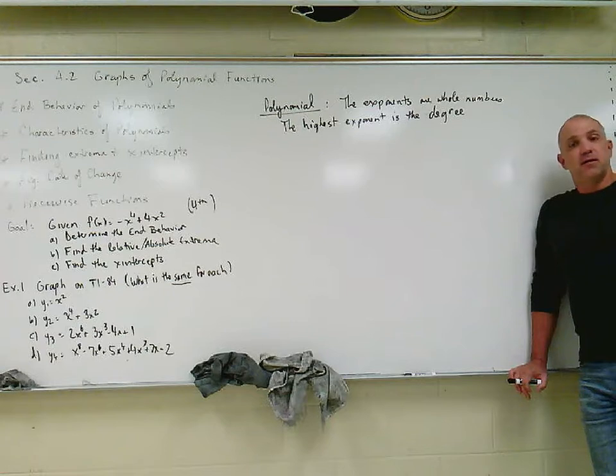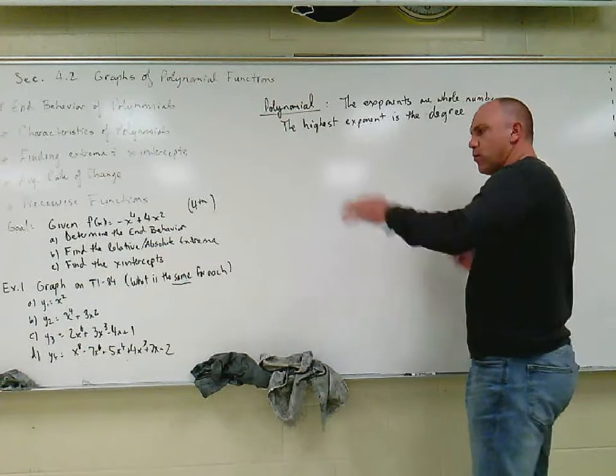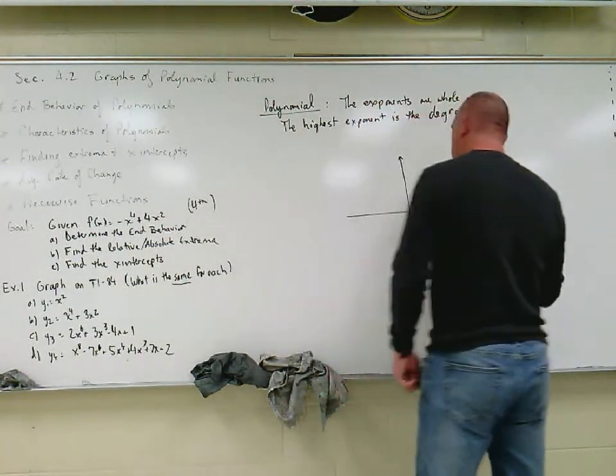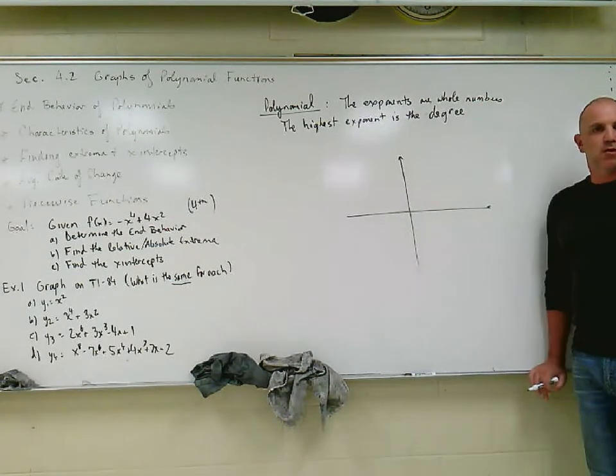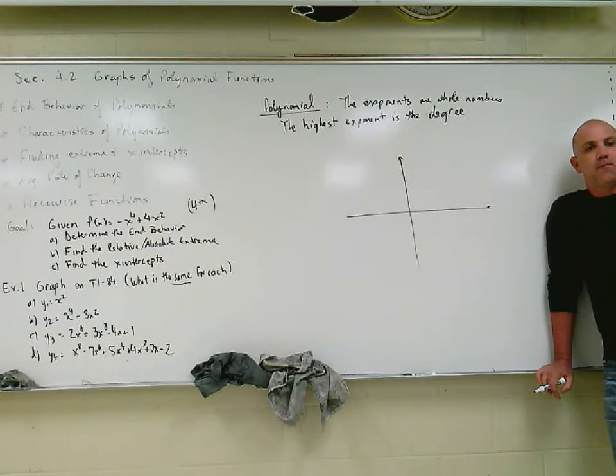As I'm going to tell you right now, you're going to need a calculator for this section. It's required for this class. If you do not have a calculator, it's going to be difficult for you to complete this section. You could get away with putting all 4 on one picture. That's why I listed them Y1, Y2, Y3, Y4. You just put them all on one graph. I would probably do a zoom 6, standard zoom.